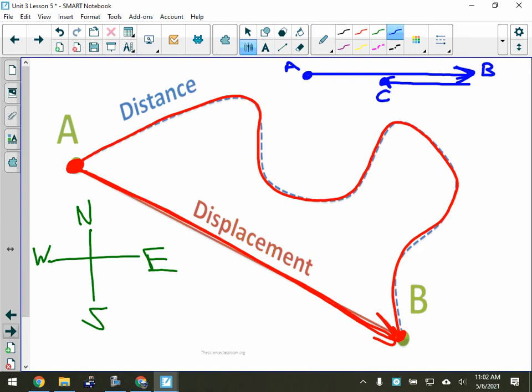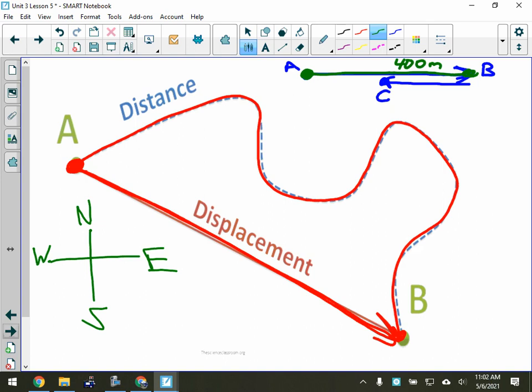So when I look at this question here, and this is kind of what I'm getting at for today, if I said, okay, how far is it from A to Bobby Joe's house? Let's say it's 400 meters.